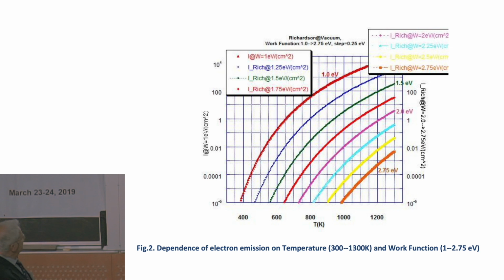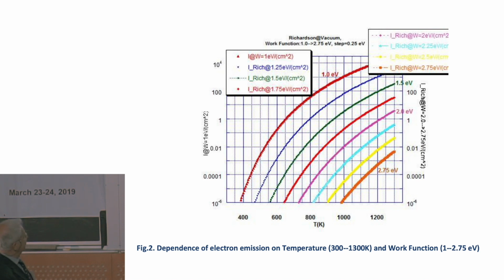It's a plot about the current boiling off at the surface of wires, changing the work function of the material. Strontium oxide thick is about 2 electron volts, but a very thin surface comes down to 1 electron volt.